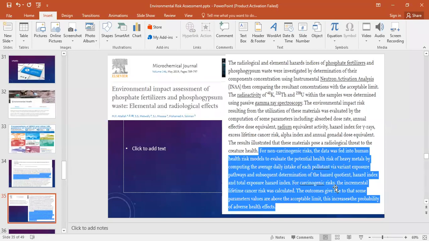For carcinogenic risk, the incremental lifetime cancer risk was calculated. The outcome shows that some parameter values are above the acceptable limit. This increases the probability of adverse effects.